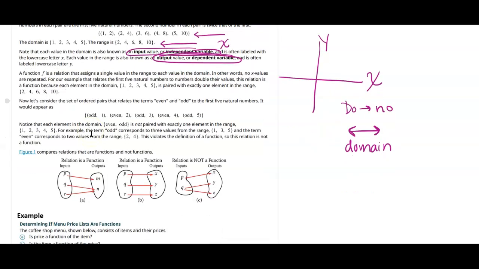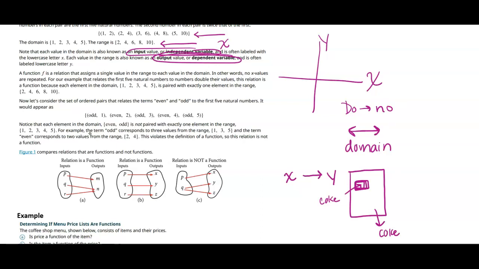Now, a function is a special type of relation where every x value goes to only one y value. I like to think of this like a soda vending machine. If I push this button, and I think it's the Coke button, then I should expect out a Coke.